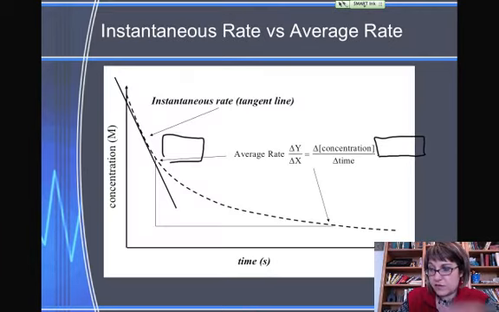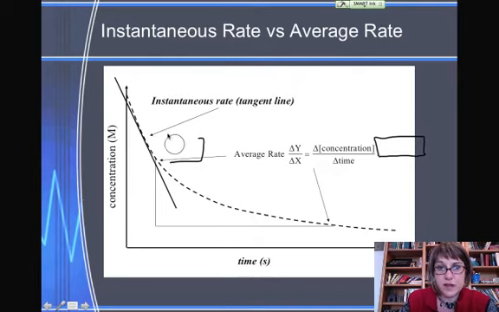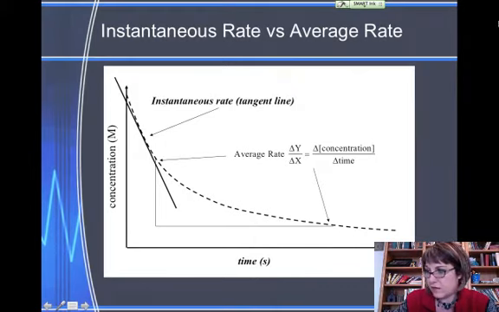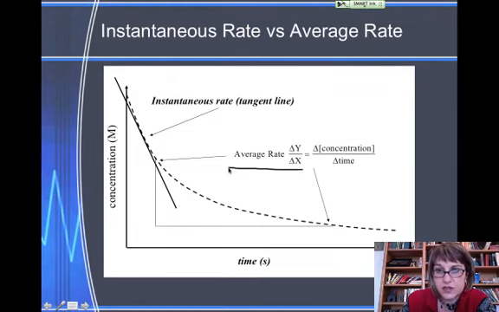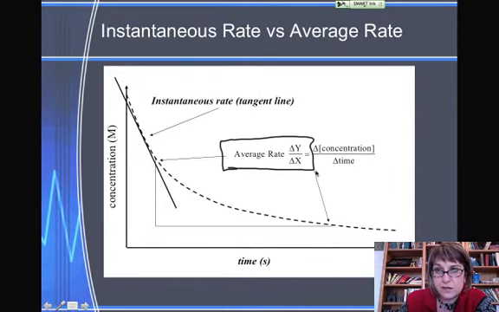So the average rate we would take like the total amount of change over the total amount of time. That's kind of like doing the slope. In fact, it's exactly doing the slope. So the average rate is change in y over change in x.